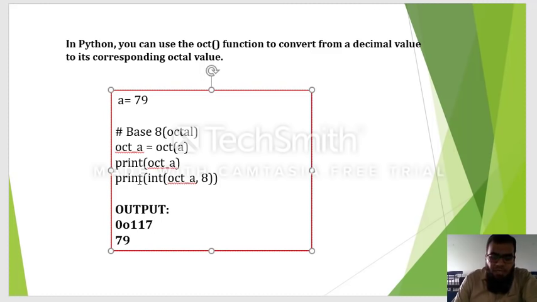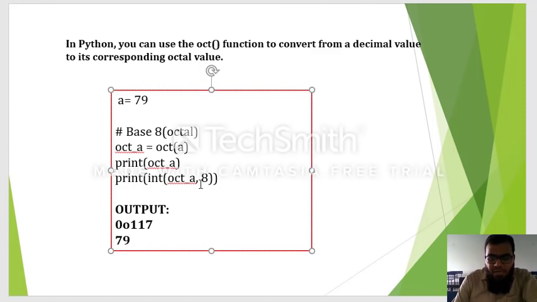Similarly, like in the previous case, again here we use an int function, but while passing the parameter, I need to pass an octal number, comma, its base. What is the base of an octal number? 8. So oct_a contains an octal number. What is the octal number here? 117.